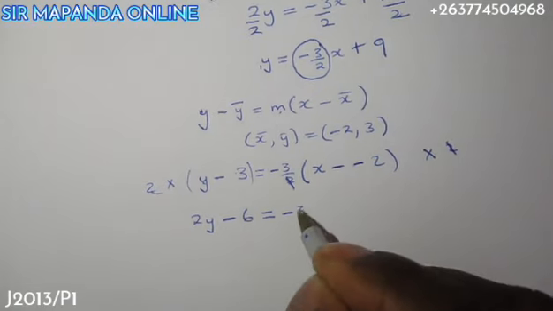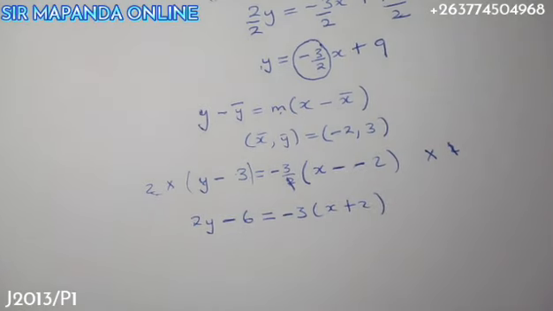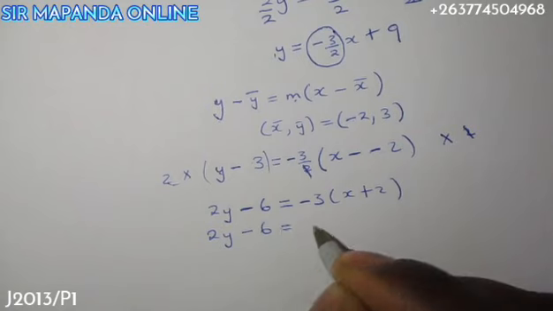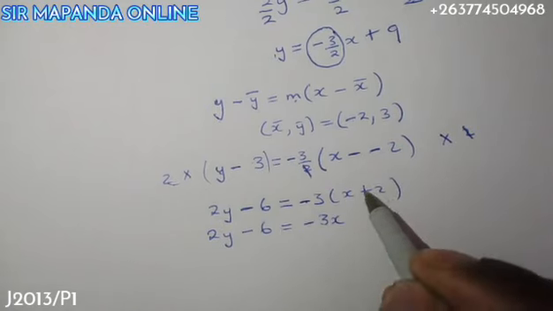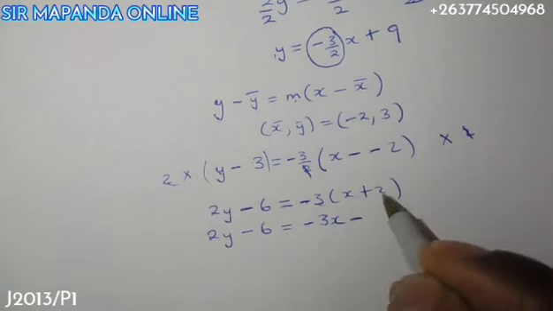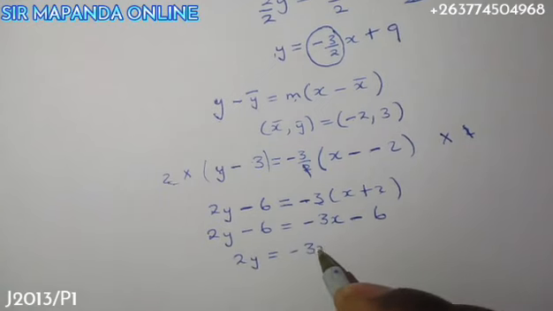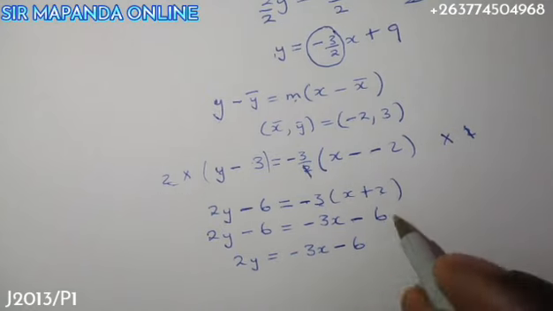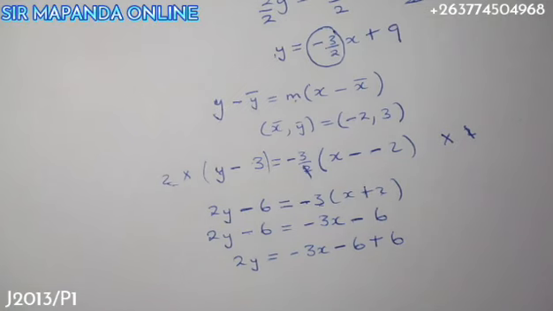You will be left with minus 3, x plus 2. You get 2y minus 6 is equal to minus 3x. Then minus times plus, you get minus 3 times 2, it gives you 6. You get 2y is equal to minus 3x minus 6. If you move this 6 to the right, it becomes plus 6, something like this.